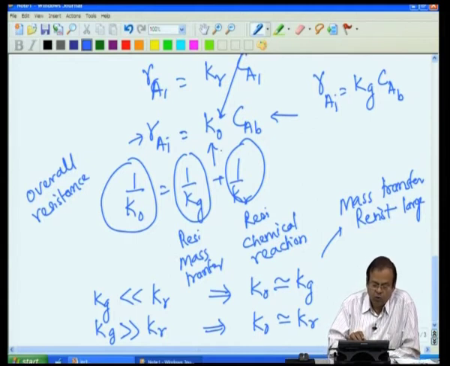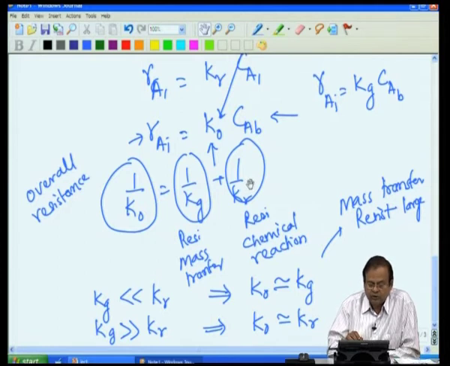So, once again we note that K naught is an effective rate constant which is influenced by both the mass transfer coefficient Kg and the reaction rate constant Kr.